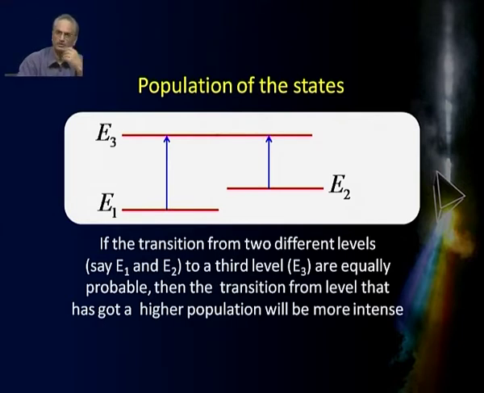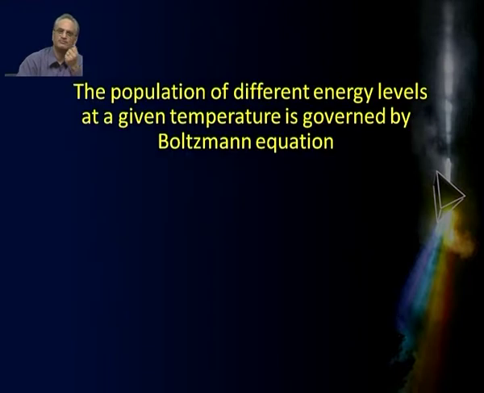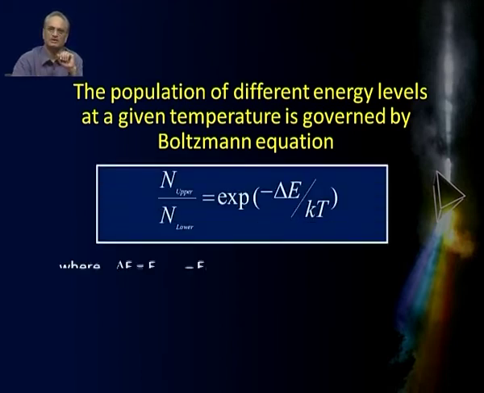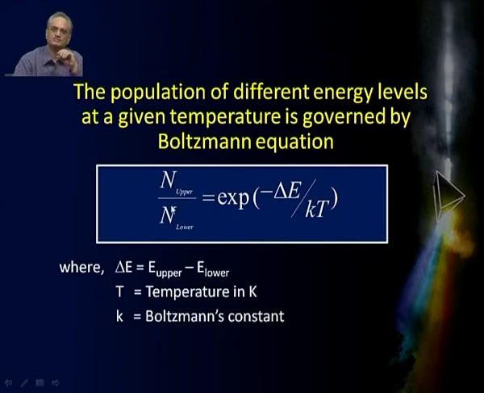To put it more formally, in terms of a very important equation, the population of different energy levels at a given temperature is governed by what is called the Boltzmann equation. Let us understand that. The Boltzmann equation reads as follows: n upper, the population of the upper level, divided by n lower, the population of the lower level, is equal to exponential of minus delta E by kT.